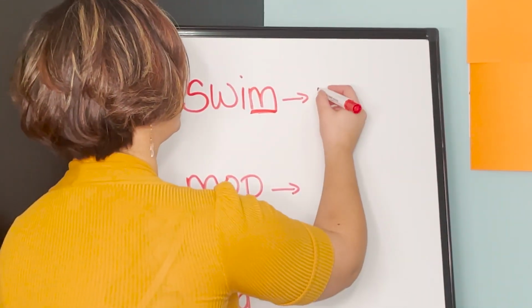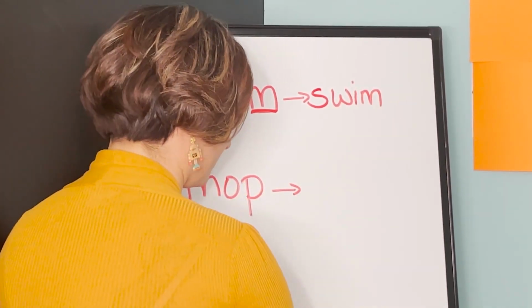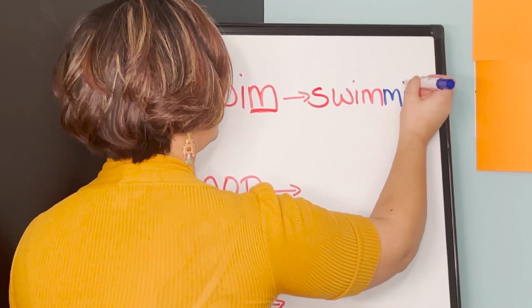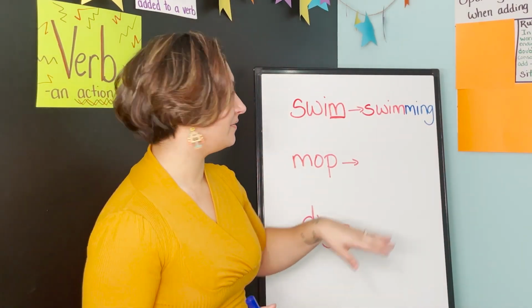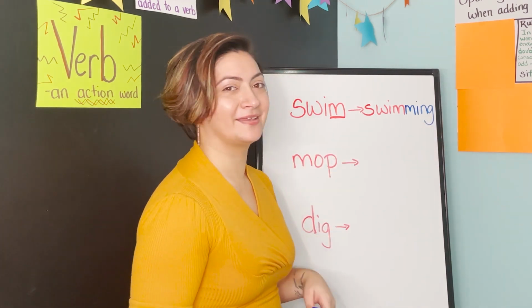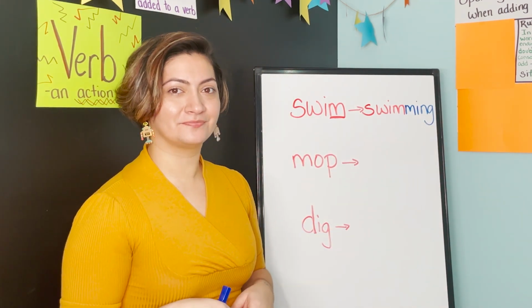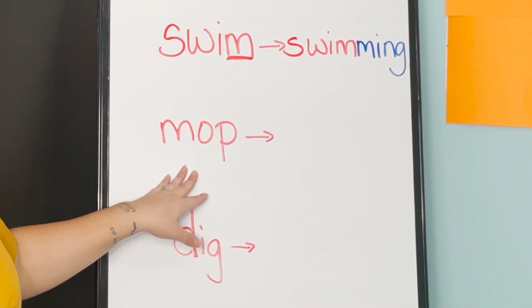I'm going to write swim, but then I'm going to have to double that consonant at the end, and then I can add ing, and we have the word swimming. She goes swimming every day at 3 o'clock. Swimming.